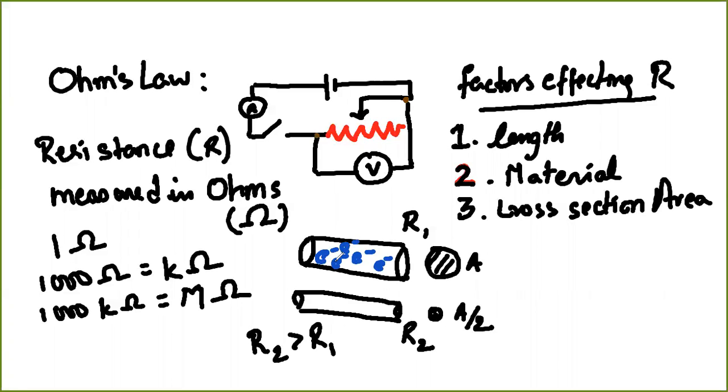So in a conductor with larger cross section area, there are more free electrons to participate in moving electricity, whereas in a conductor with a smaller area, there would be fewer free electrons. Because there are more free electrons to help move electricity along, a wire with a larger cross section will have lesser resistance than a wire with a smaller cross section.